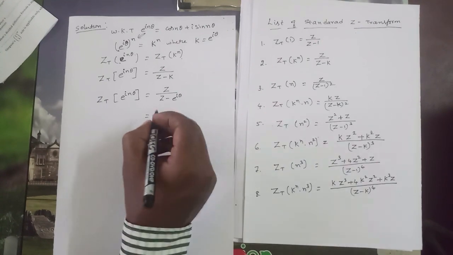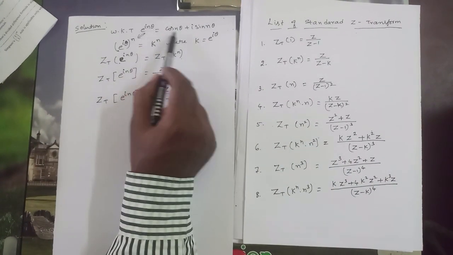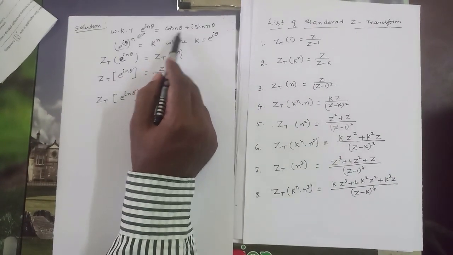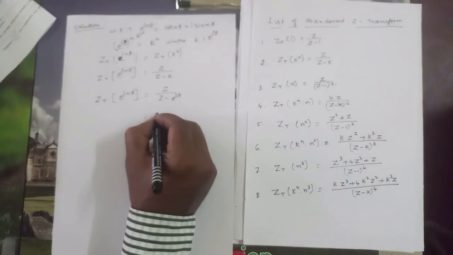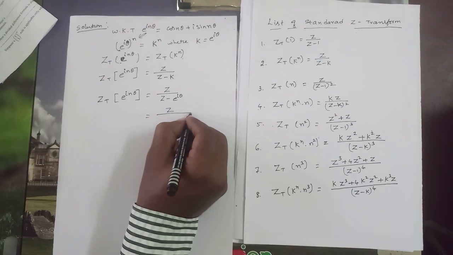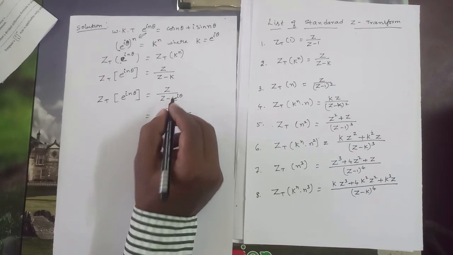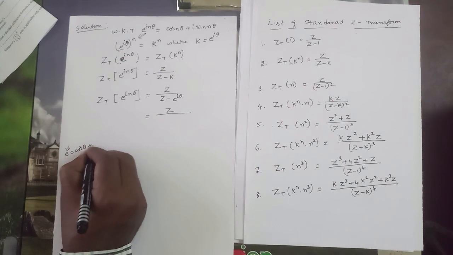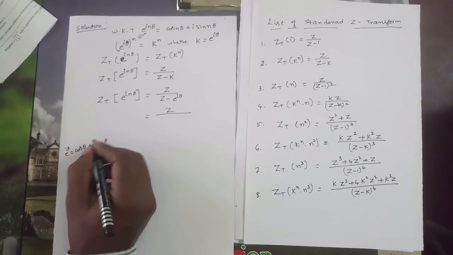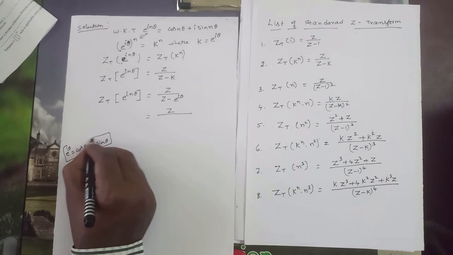So we know that e to the power of i n theta is cos n theta plus i sin n theta, right? And e to the power of i theta equals cos theta plus i sin theta. Remember this one.